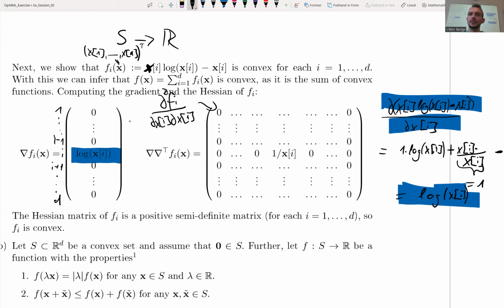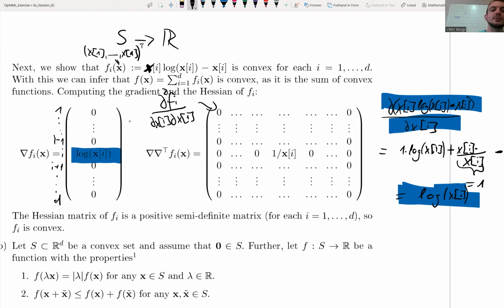So non-zero for xi, and that I at that position is 1. So again, you can also look at it. Let's say I is 1.